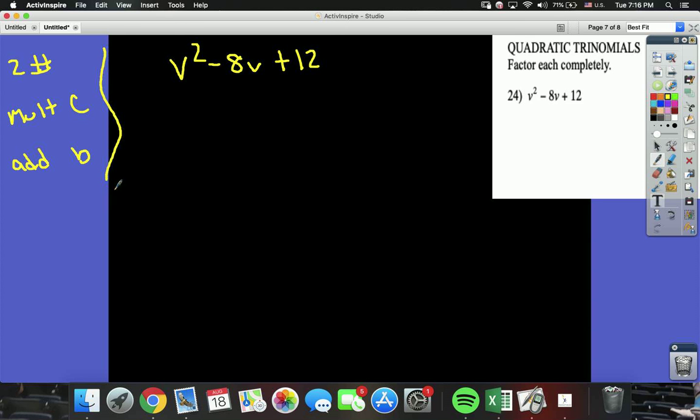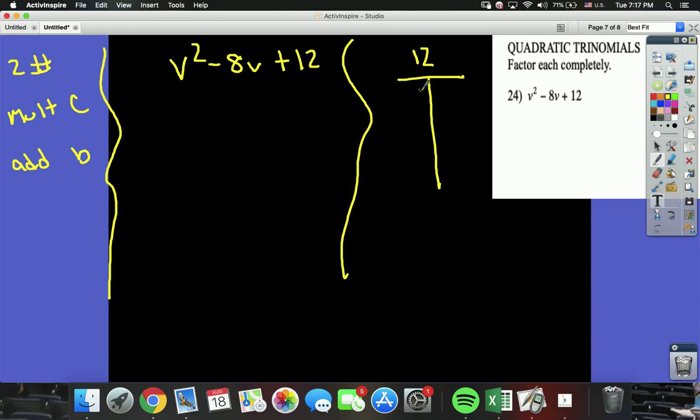So I need to find multiples of c, which is 12. Multiples of 12 would be 1 and 12, 2 and 6, 3 and 4. And now I also need them to add up to -8.